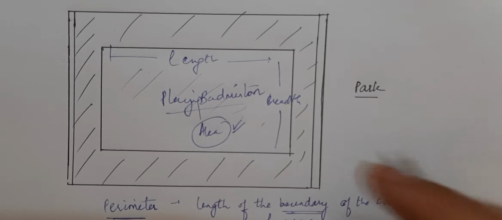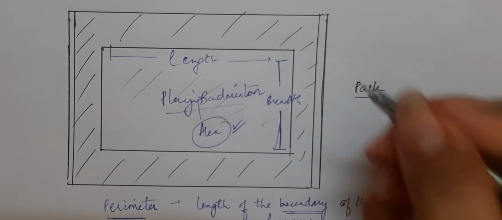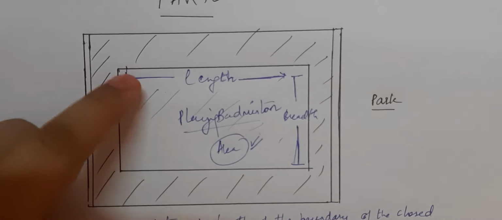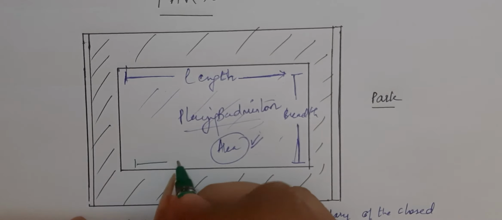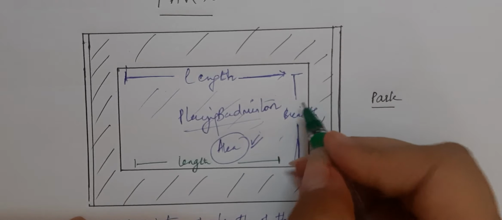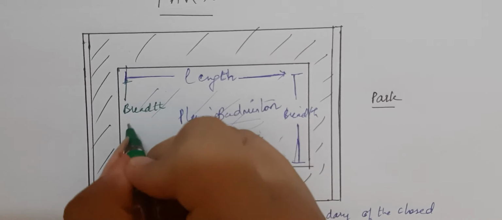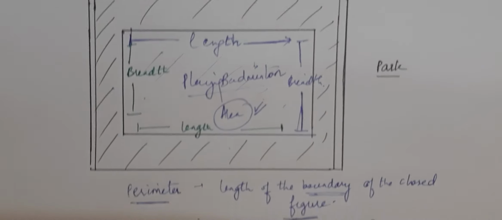I already said that it will be the sum of all the sides. If I am adding every length and breadth, we can see that this is a length and this is also the length. If this is breadth, this is also the breadth.